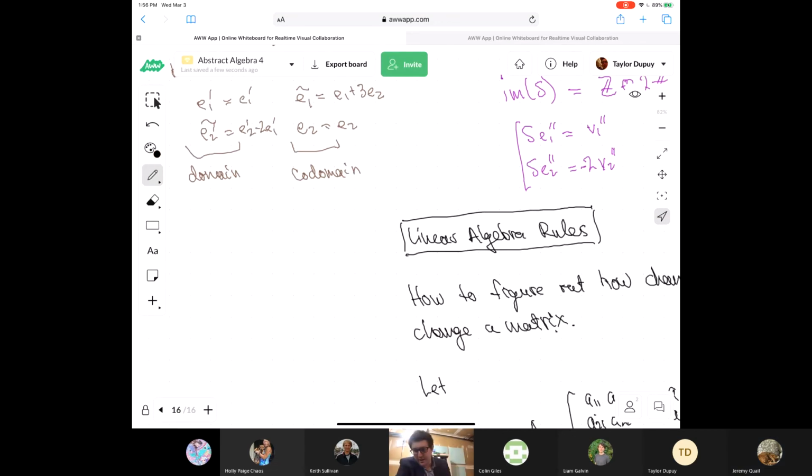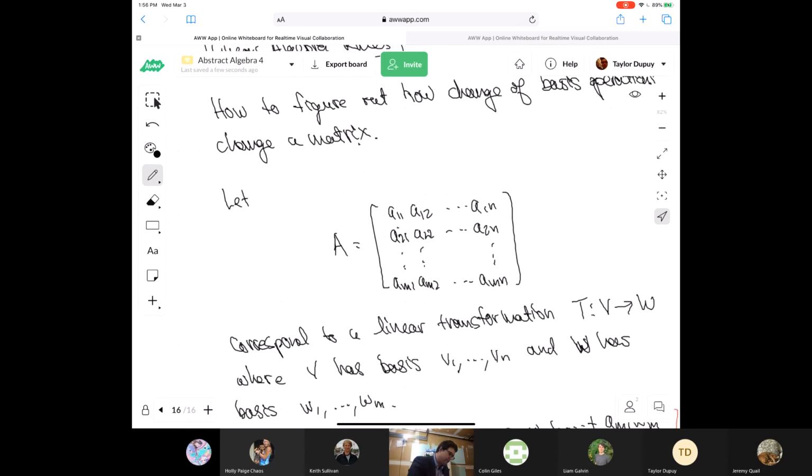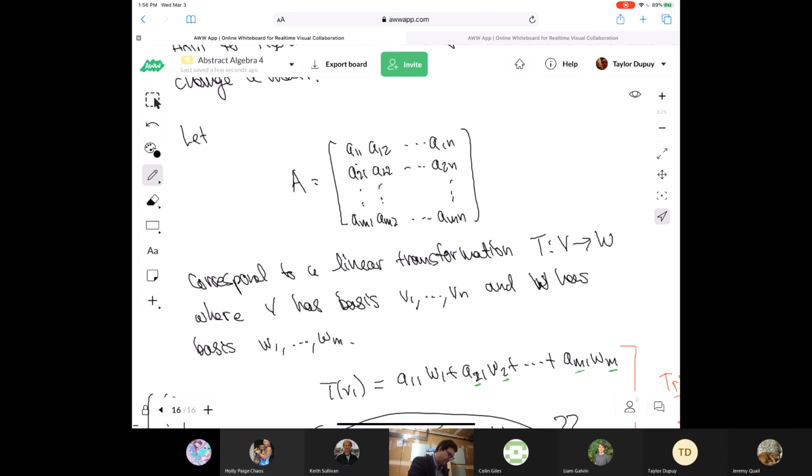All right. So where's an example of where you need this? Like last semester when we were doing homology computations, this is the sort of thing you'd need to figure out what homology groups are. You can change the basis on the source and the target, so that you can compute what the homology is.